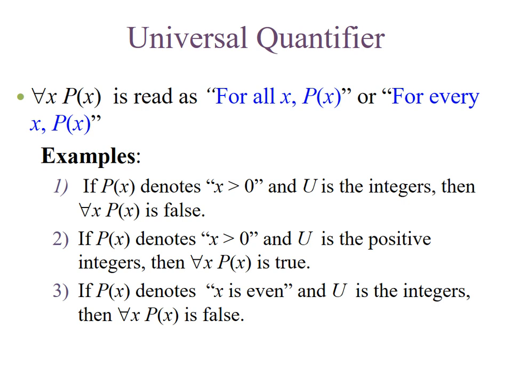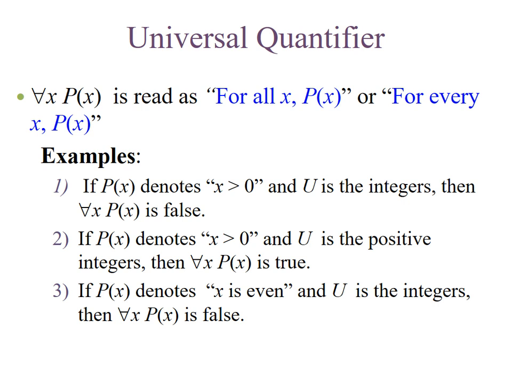But if we change the domain U to positive integers, then P of x means x larger than 0, and for all x P of x is true. Because if our domain is positive integers, you can try 1, 2, 3, 4 to infinity.